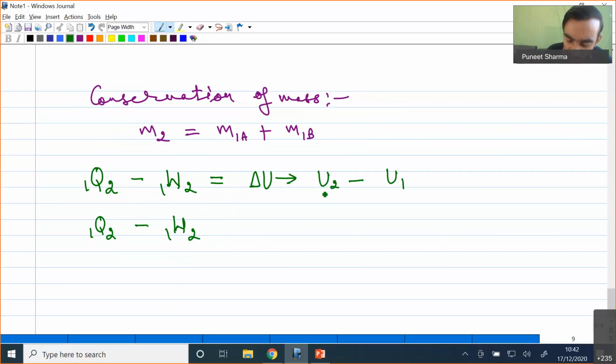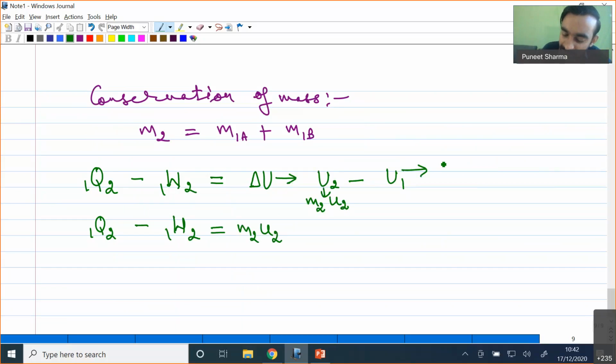So what is your U2? U2 is very, very simple. Say M2 is my total mass and small u2 is my specific internal energy. So I can simply write U2 as M2 into u2. And what is U1?